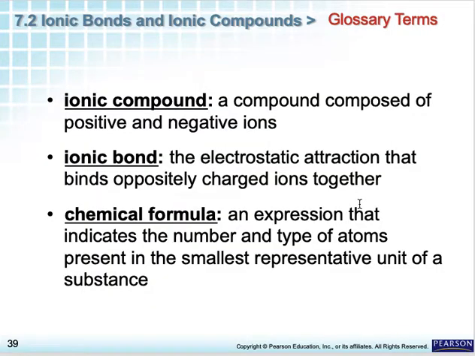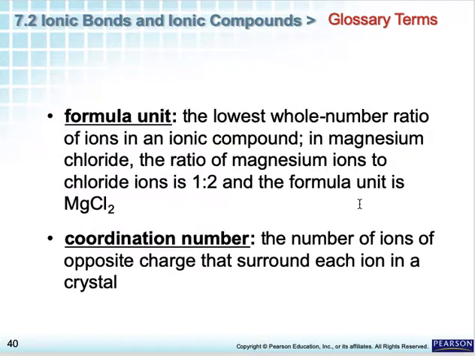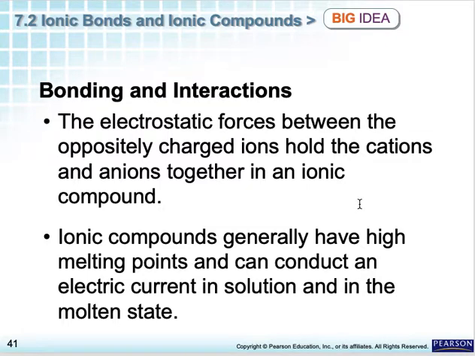You should know your vocabulary: ionic compound, ionic bond, chemical formula, formula unit, coordination number. The big idea: electrostatic forces between oppositely charged ions hold the cations and anions together in an ionic compound. Ionic compounds generally have high melting points and can conduct electric current when in solution or when melted.